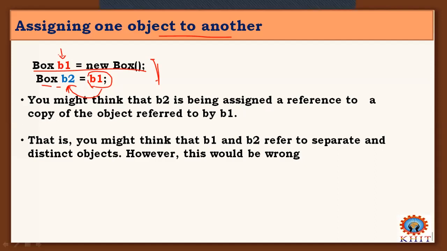You might think that B1 and B2 refer to separate and distinct objects. No, that is wrong, because B1 and B2 are assigned like this. Based on this statement, we can conclude that both are referring to the same object, not separate and distinct objects. That is the concept in assigning one object to another.